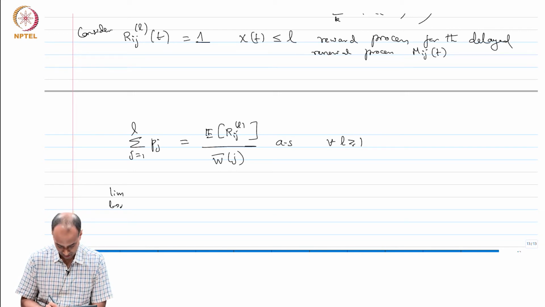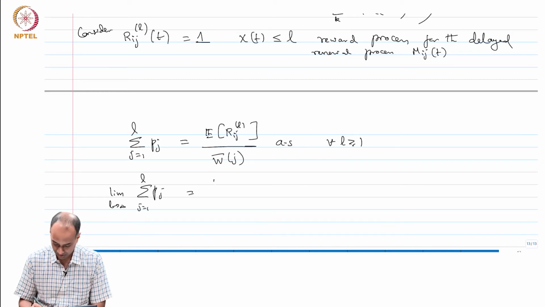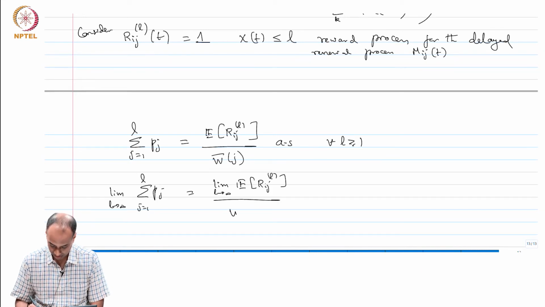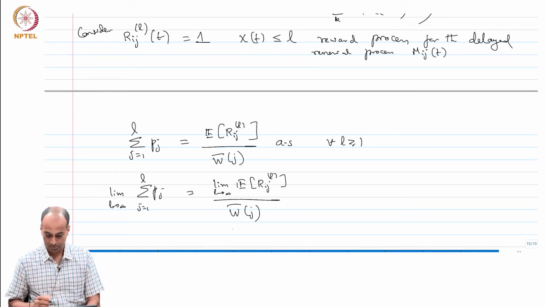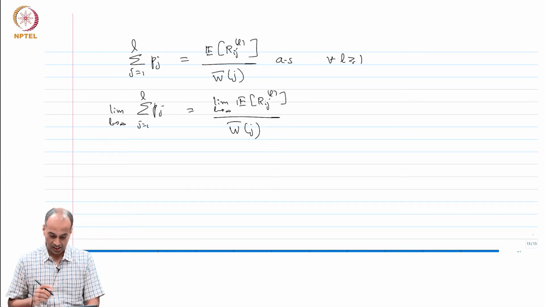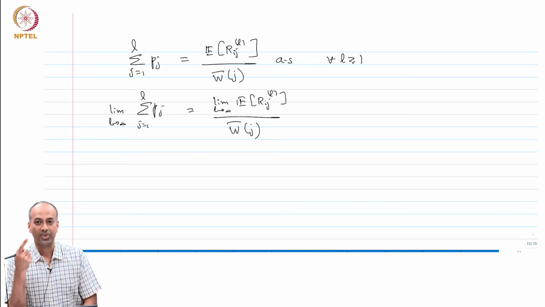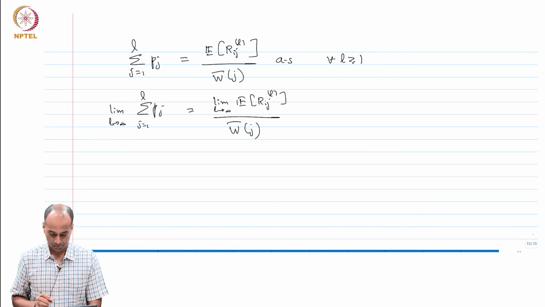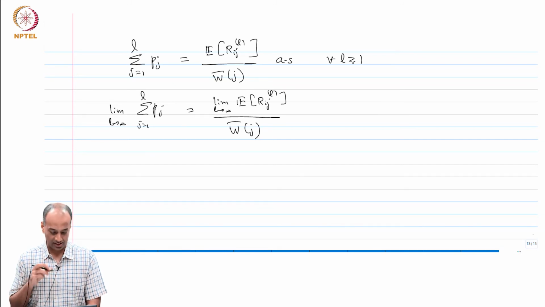The limit as L tends to infinity of the sum over j equals 1 to L of Pj is equal to the limit as L tends to infinity of the expected R_ijl over W bar j; the denominator has no L, only the numerator has L. You have to show that the limit of the numerator is in fact equal to W bar j, because you want to show that the sum of Pj, as L tends to infinity, is equal to 1, right.